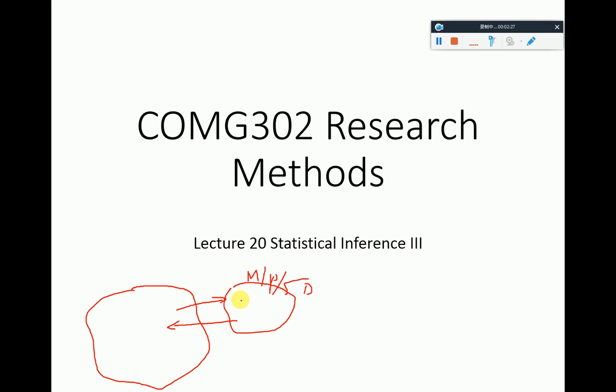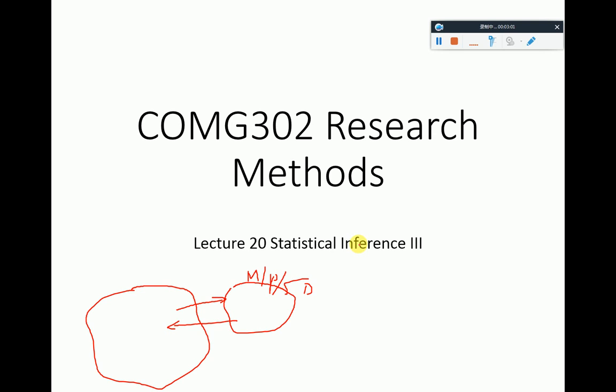So this is like a two-way process. First of all, we draw a sample from the population, and by studying the features of the sample, we are able to generate some statistics that summarize the features of the sample, and then we try to generalize these features back to the population. This process is to make statistical inferences.